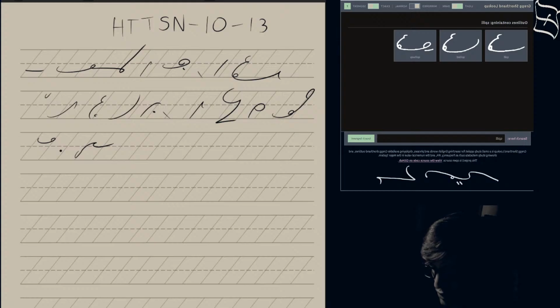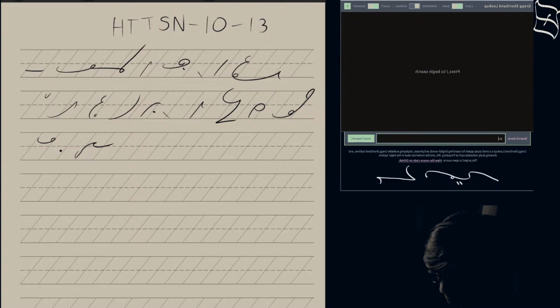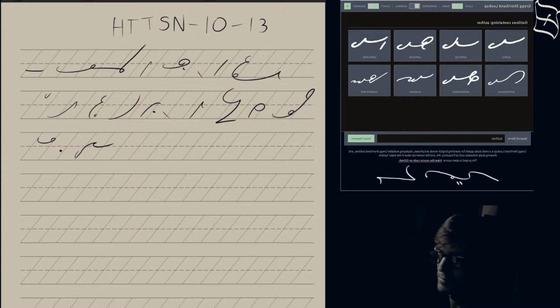Yes, so let's try author. Where's author? Oh, it curves the other direction. It curves away from the line of writing, not up. So we go ahead and grab that.